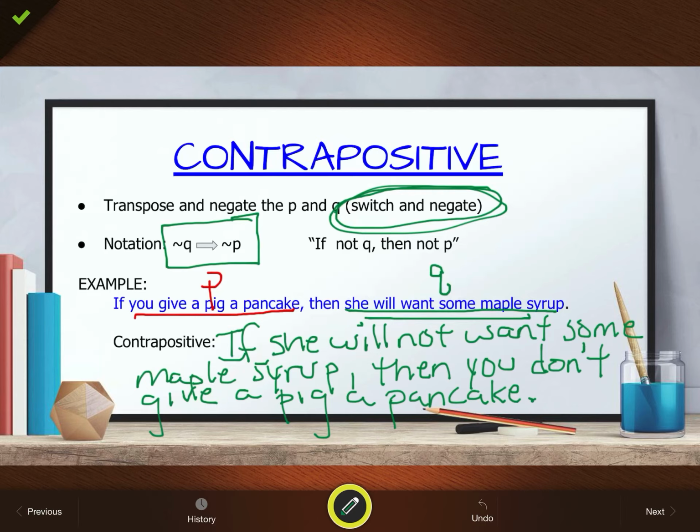You can't add those kinds of words, but you can tweak it to make it flow grammatically better. Or, like I said, you can use contractions. Will not, do not, won't, don't. But you can't change the meaning. Like I said, you can't be talking about a pig and then you start writing about a dog.